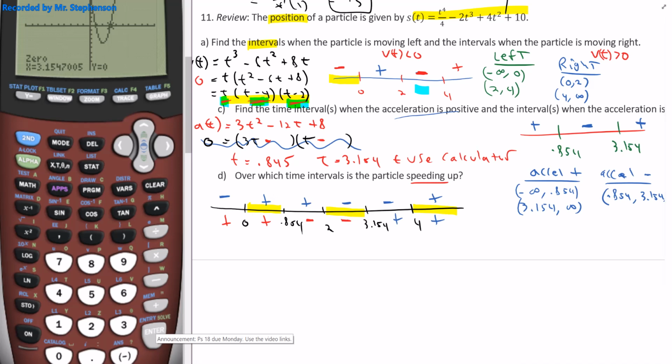Right, so what are those intervals? It's speeding up from 0 to 0.854, and 2 to 3.154, and from 4 to infinity, right? Because that's where the sign of acceleration and velocity were the same. All right, I hope this is helpful.